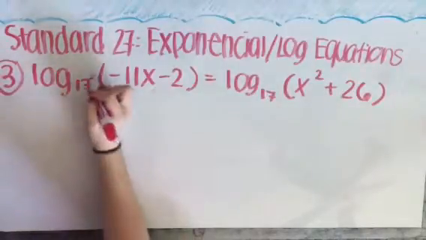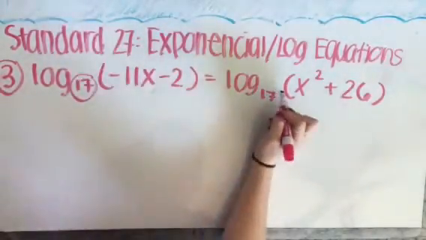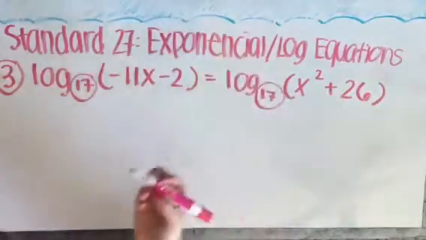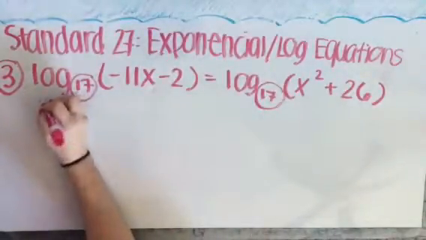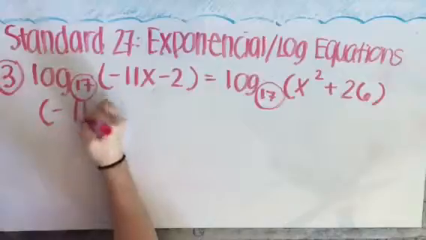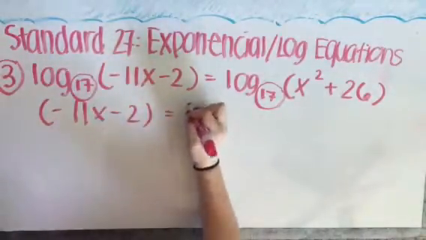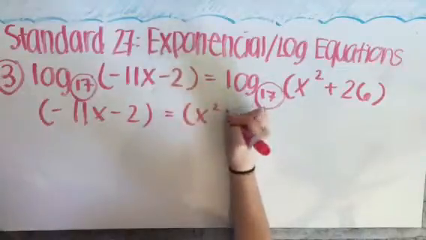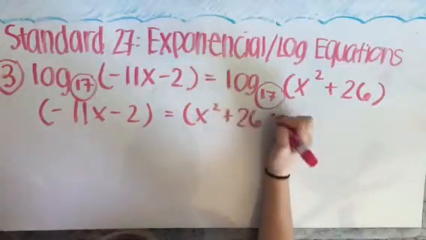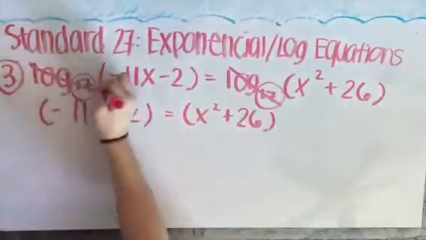So then we know that the base of this log is the same since we have 17 and 17. What we can then do is simplify this just to negative 11x minus 2 equals x squared plus 26, and cancel those out.